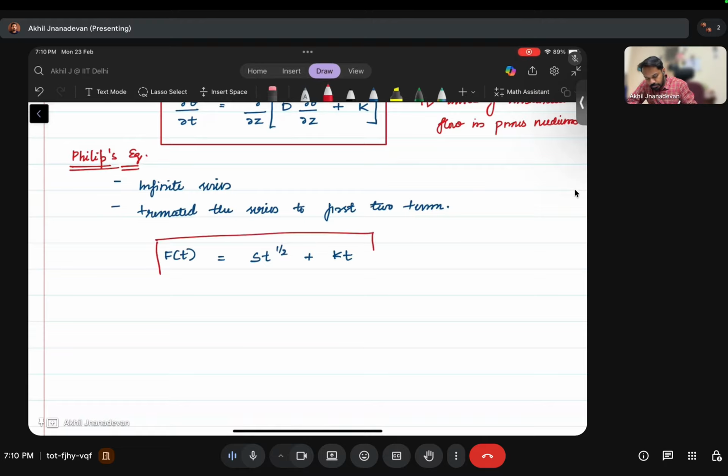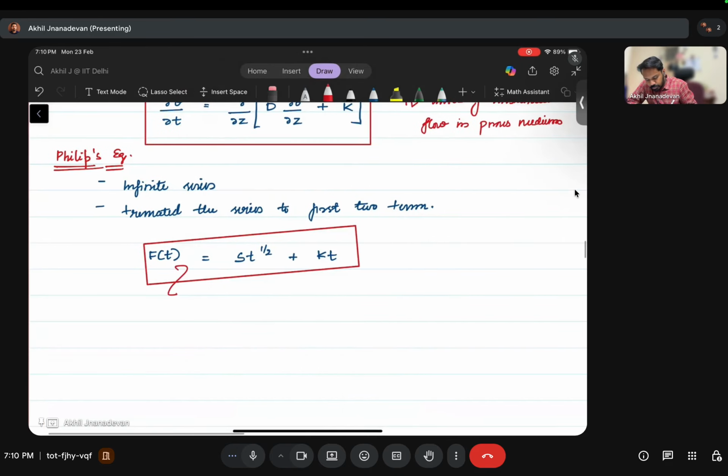F is the cumulative infiltration depth, S is sorptivity, and K is nothing but the hydraulic conductivity.